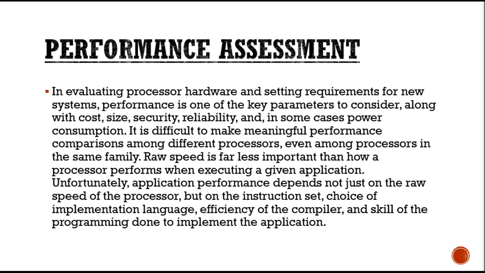Raw speed is far less important than how a processor performs when executing a given application. Unfortunately, application performance depends not just on the raw speed of the processor but on the instruction set, choice of implementation language, efficiency of the compiler, and skill of the programming done to implement the application.